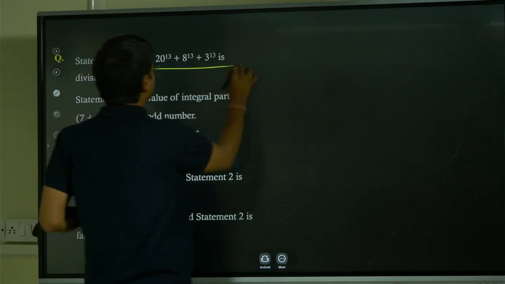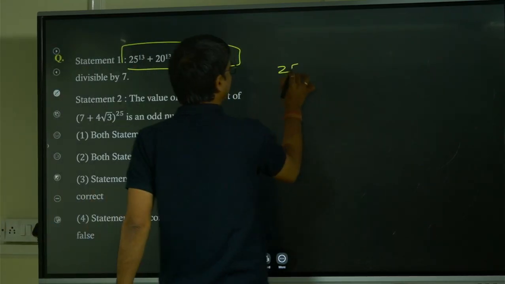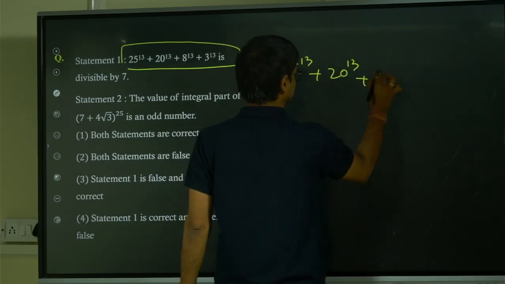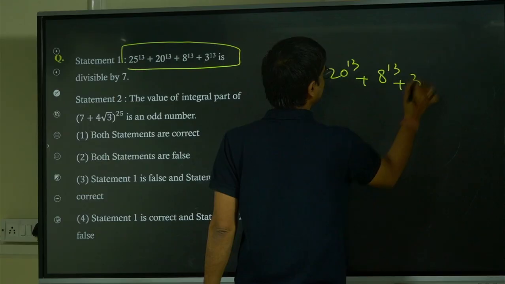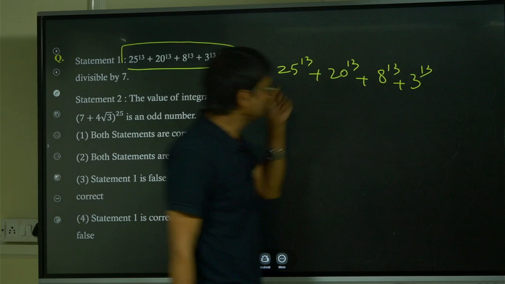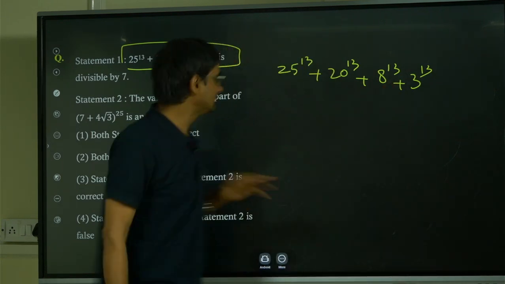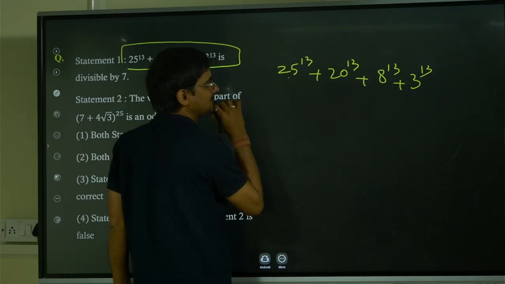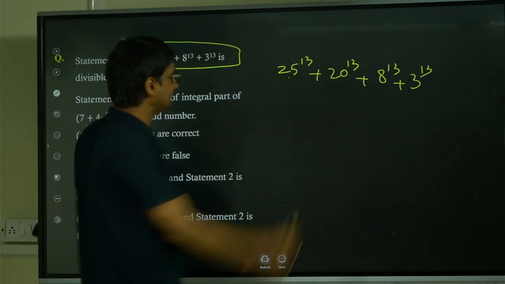Now statement 1 is that the expression 25 raised to the power 13 plus 20 raised to the power 13, 8 raised to the power 13, 3 raised to the power 13 is divisible by 7. Observe that all the powers are odd. How can it help?